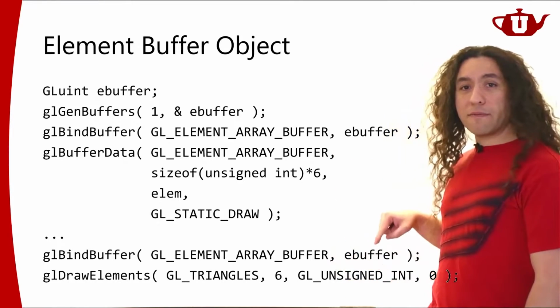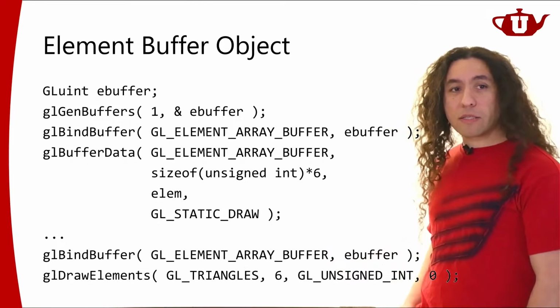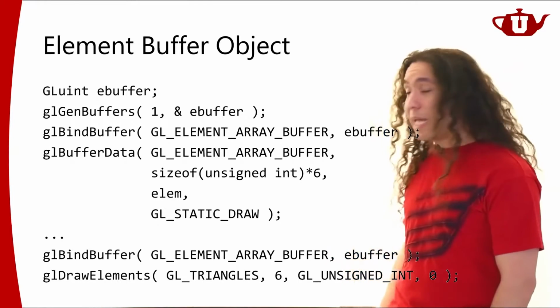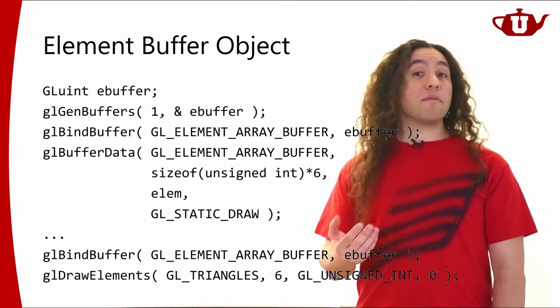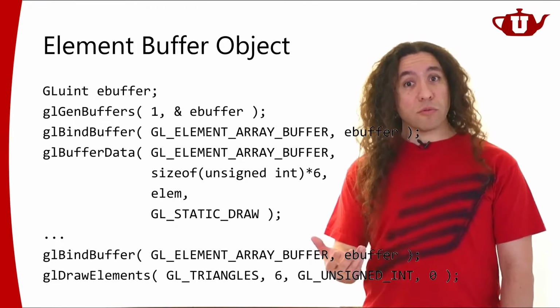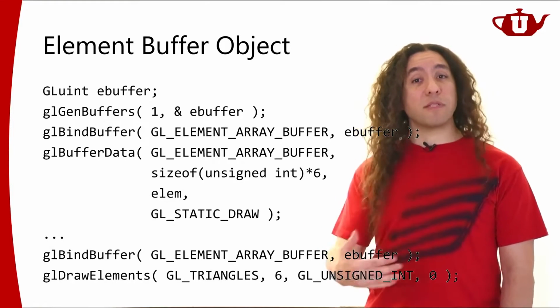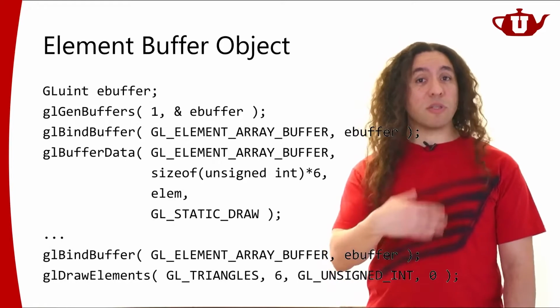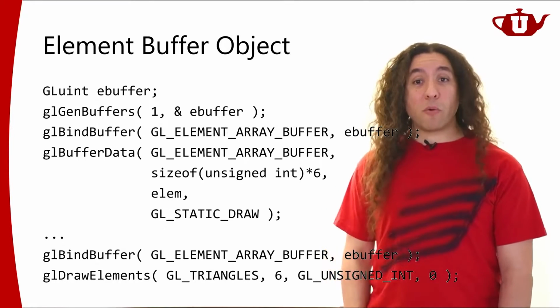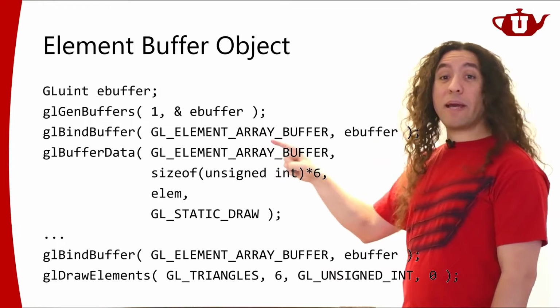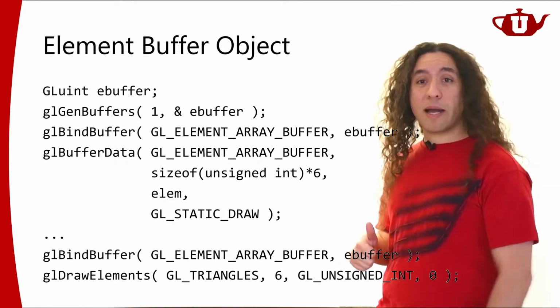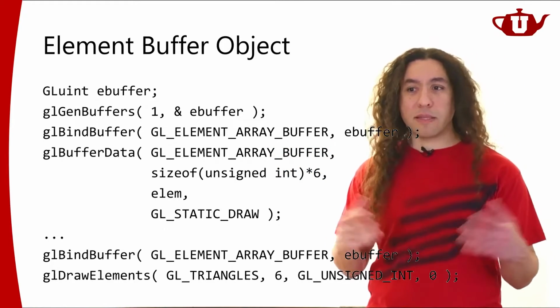And we're going to be using that for rendering. So when we're rendering, we can have multiple vertex attributes. That means we can have multiple vertex buffer objects attached to different attributes. But we're going to have only a single element array buffer. So I can't say, because it doesn't make any sense.